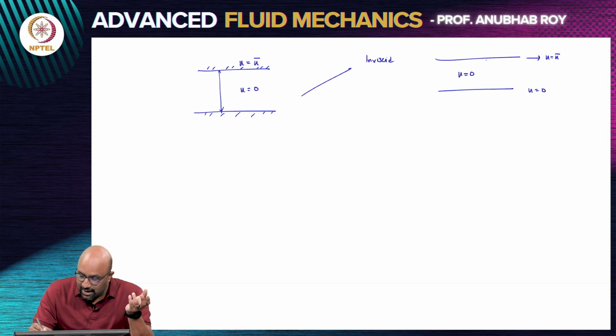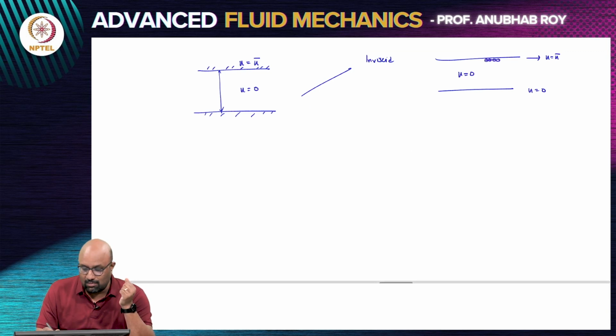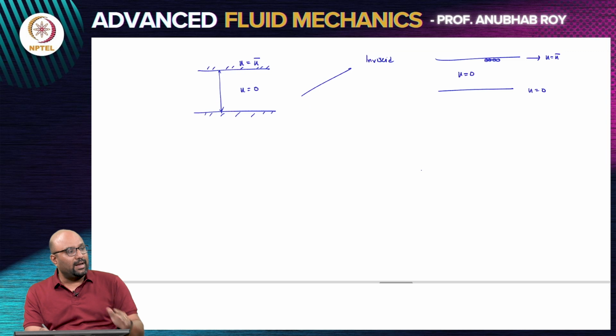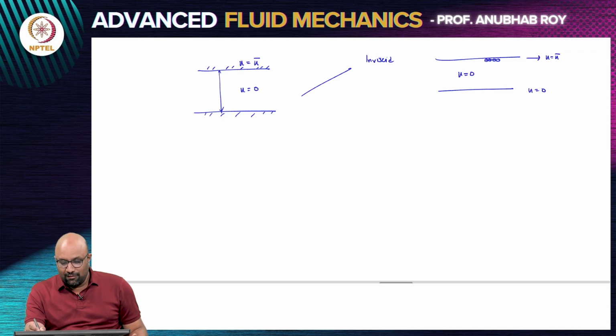Because the fluid layers sitting here, I am exaggerating this and drawing it as fluid molecules, those fluid layers can slip. They are not obligated to stick to the surface. So even though you have started moving the plate, the fluid that is confined between the two plates has no reason to move.